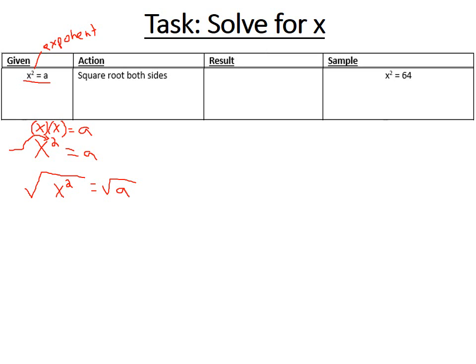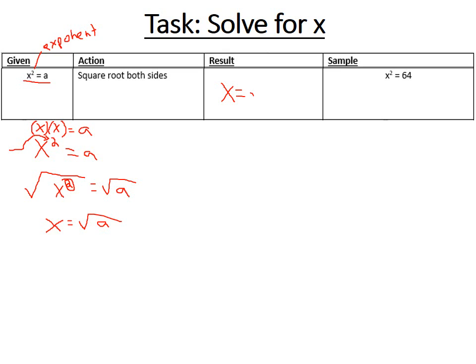And when you do the square root of something squared, that just gets rid of the squared part. So this is now going to be x is equal to square root of a. You have to keep the square root of a there because there was no exponent of 2 on top. The square root of a will be different depending on what the number is. So our result is x is equal to square root of a.